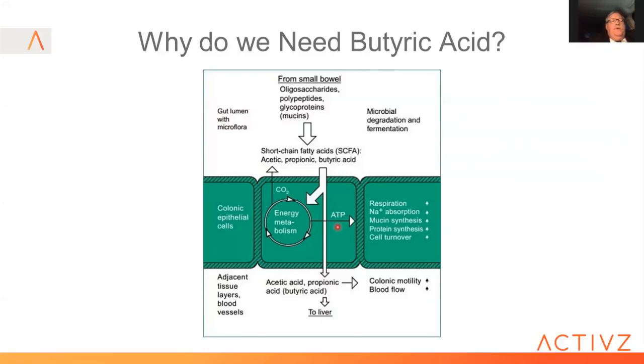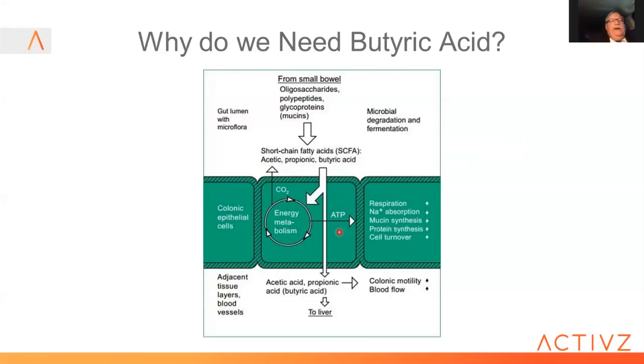That is what we're getting when the butyric acid is breaking down the food, and the butyric acid adds to the strength and the energy that the epithelial cells require. And when they're feeding on the butyric acid, this is a process that is triggered.